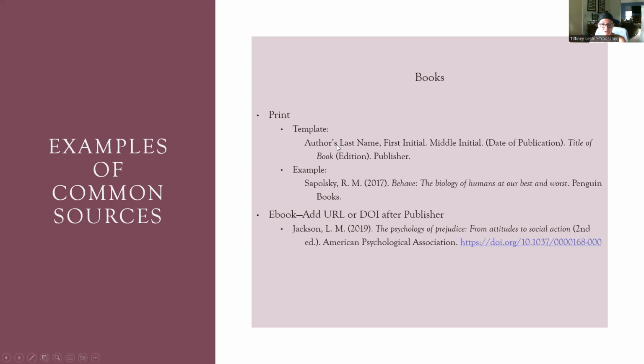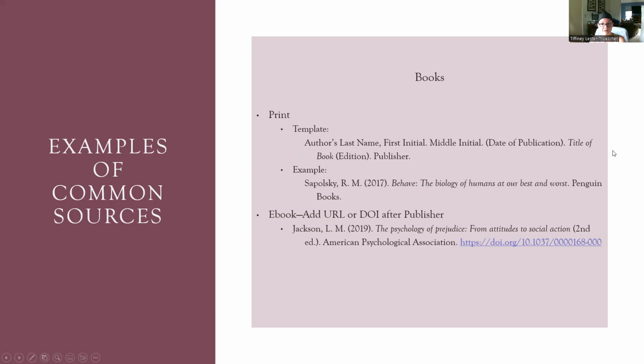I know that the entry needs to begin with the author's last name. Okay, Sapolsky. And then a comma. Then his first initial, R, period. Middle initial, M, period. Now I know in parentheses, I need my date of publication. Okay, parentheses, 2017, close the parentheses. Oh, a period goes after that parentheses.